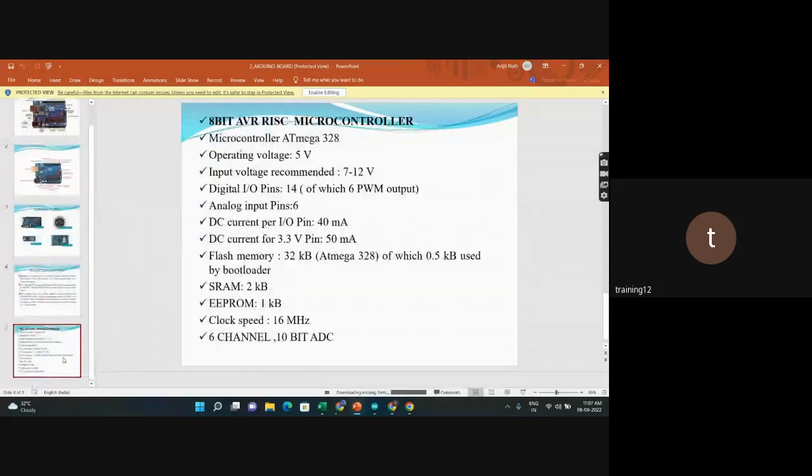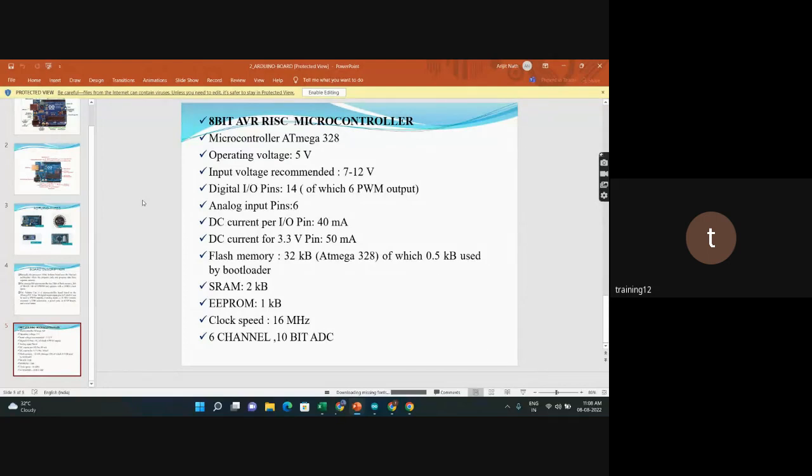There are some features of 8-bit AVR RISC microcontrollers. Their example, as I have already told, is the Atmega 328 microcontroller. The operating voltage is 5 volt. The recommended input voltage is 7 to 12 volt. Digital input output pins are 14, of which 6 are PWM pins. Analog input pins are 6.